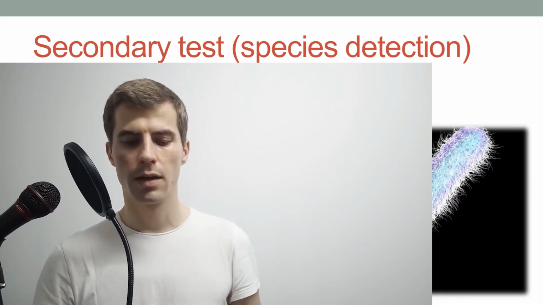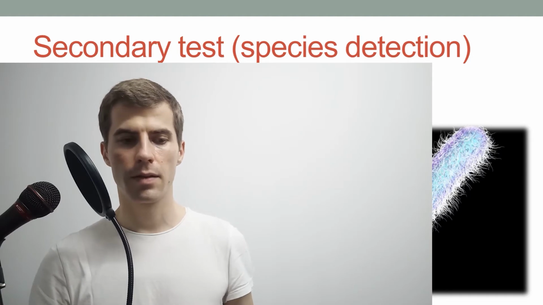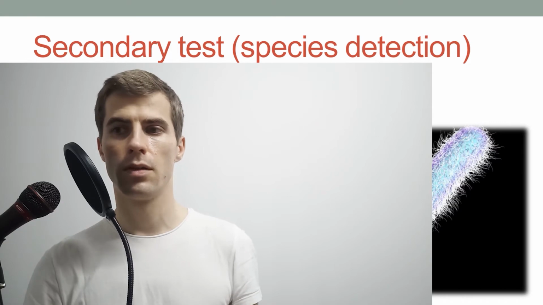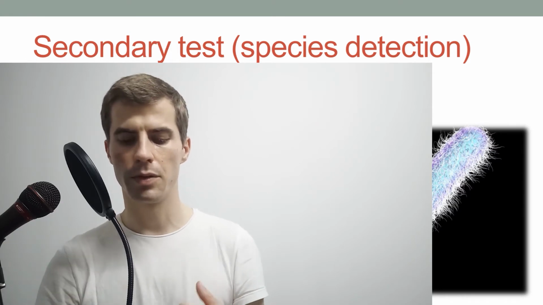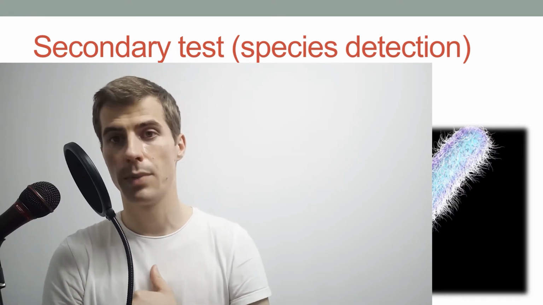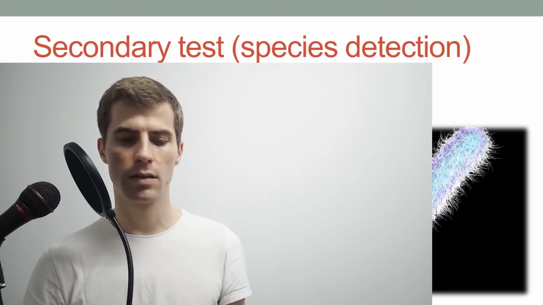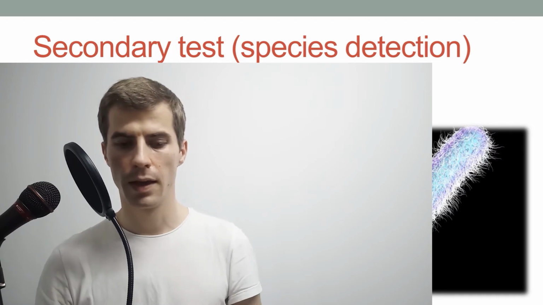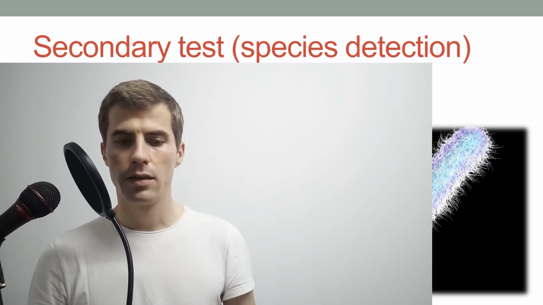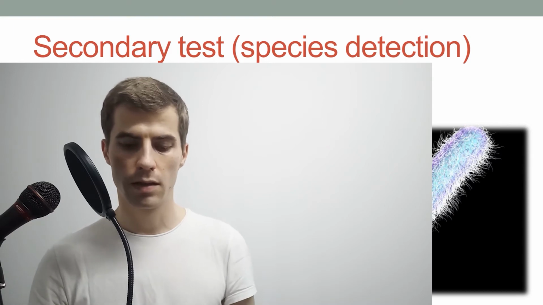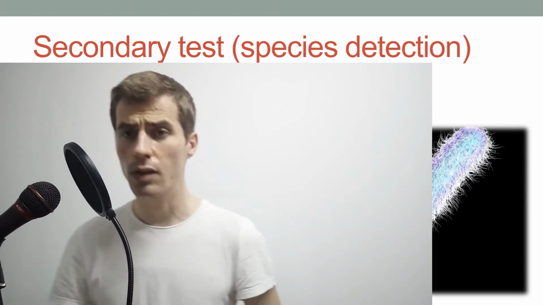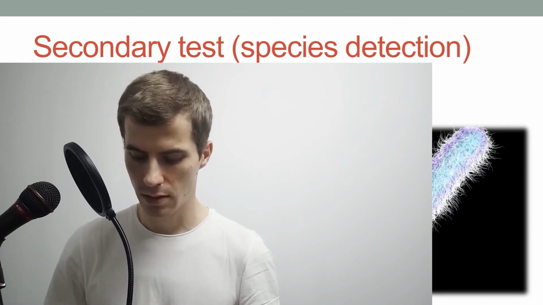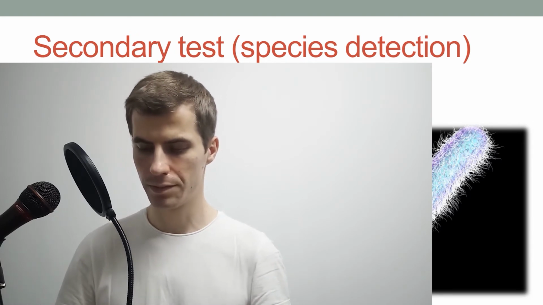Selective culture media gives the possibility to grow just the intestinal group. It gives a possibility to grow just gram-negative bacteria. So it can inhibit growth of gram-positive bacteria. And next, from this culture media, we can identify different genera and different species.